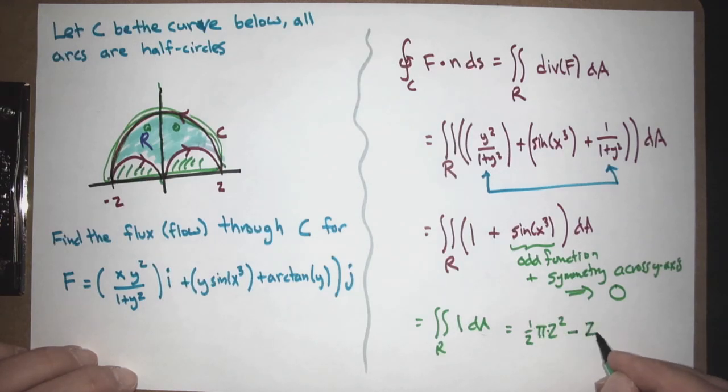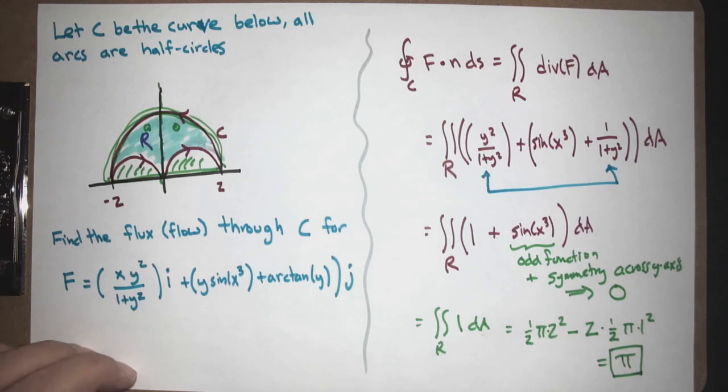Subtract 2 copies, which are half of a circle of radius 1. And if we put that all together, what do you get? Pi. So this problem, as easy as pi.